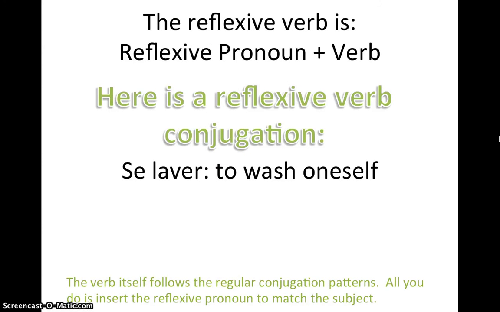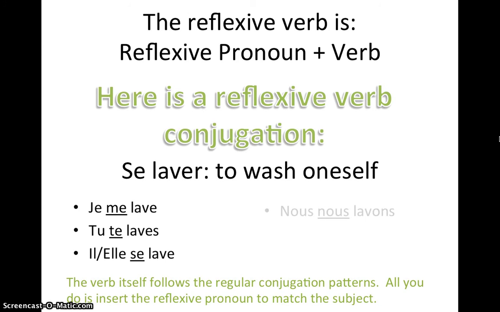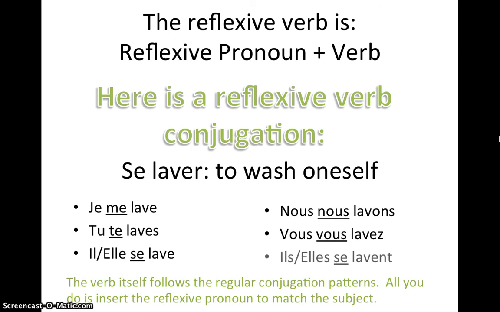So here's an example with the verb se laver, which means to wash oneself. We have je me lave, tu te laves, il se lave, nous nous lavons, vous vous lavez, and elle se lave. So there are two things to notice here. First, the underlined words are the reflexive pronouns, and they will always match the same subject.